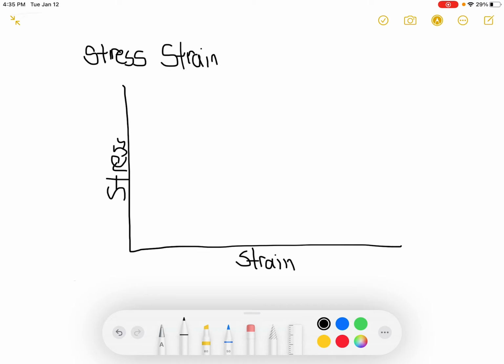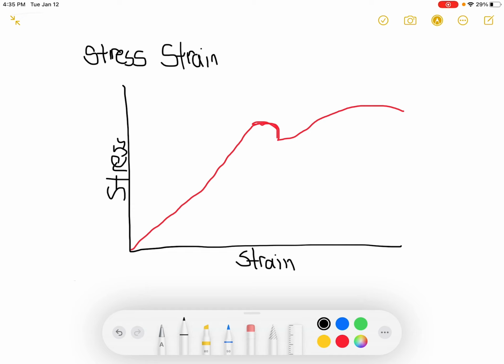And now we have the line that we're going to draw. It goes up until it gets to a certain point, goes down, has a little hump, and then goes back up until it just stops. And there's certain parts of this that we'll need to address.